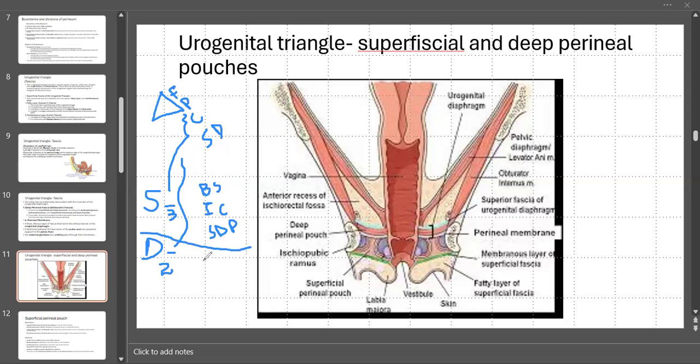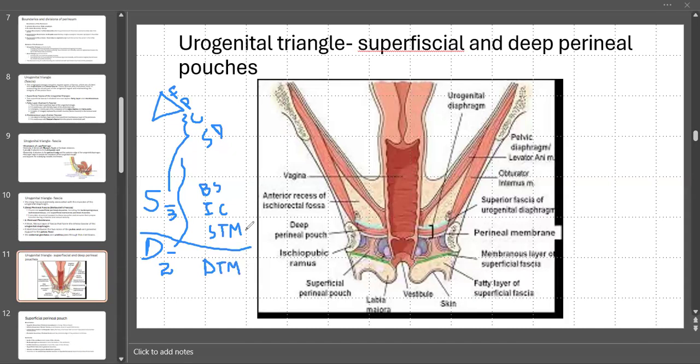And for the deep, if we have superficial transverse muscles, then we must have deep transverse muscles. Guys, it also makes sense.